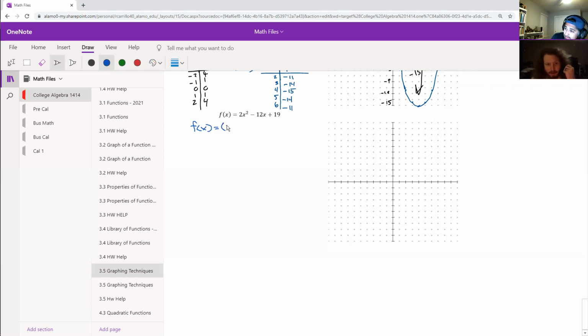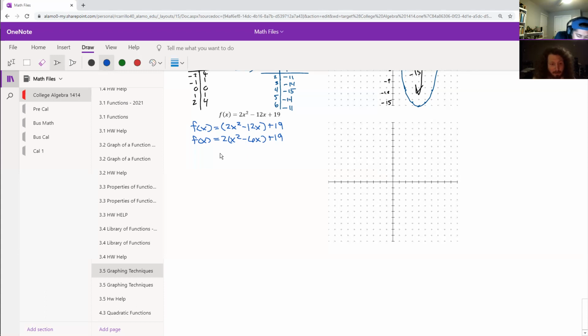So I'm going to rewrite it like this. And that's totally fair. This is completely legal mathematics. So now I can rewrite f of x like this. And now I've got just this x squared minus 6x to complete the square on.